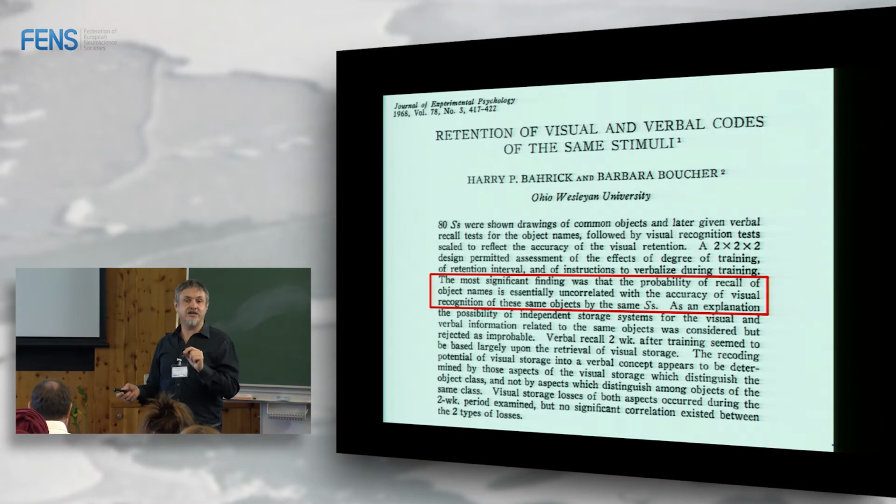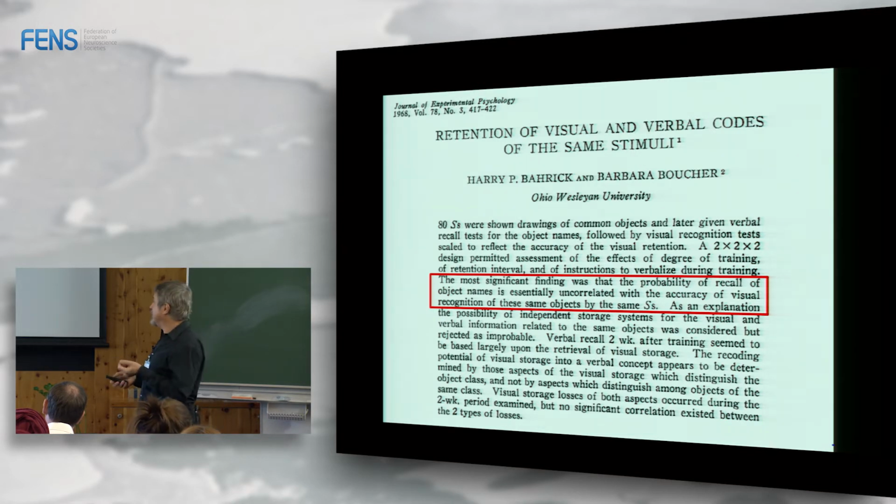That's really striking, because you expect that with a common representation, the memory tests should be correlated. But here they were not, which supports the idea that there are separate representations for the concept of the event and for the visual part of the event.